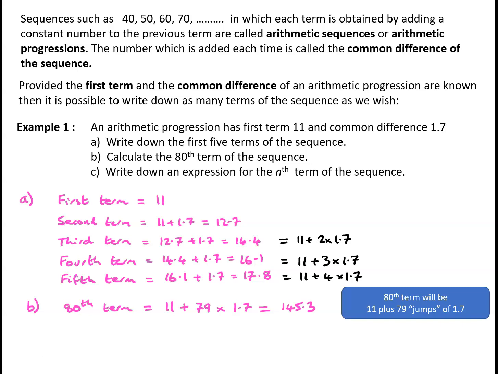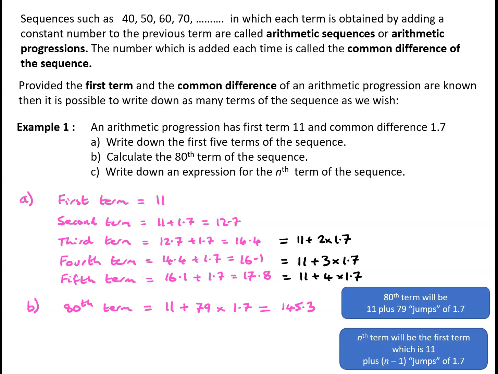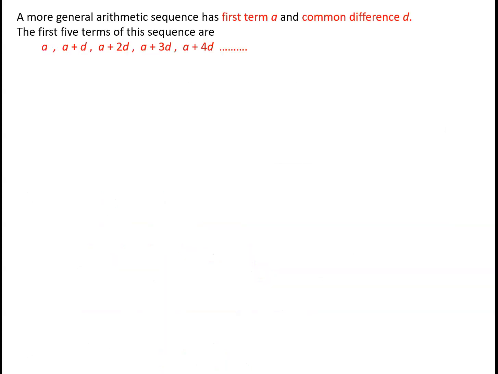Similarly, the nth term is going to be the first term, which is 11, plus n minus 1 jumps of 1.7. So we can say the nth term is 11 plus (n minus 1) times 1.7, which simplifies to 1.7n plus 9.3.